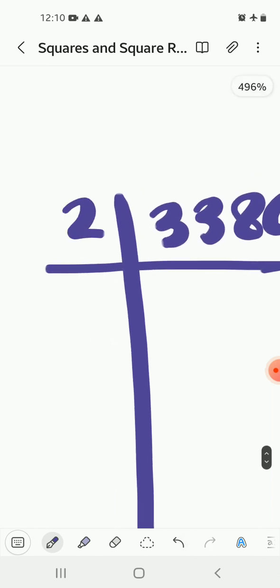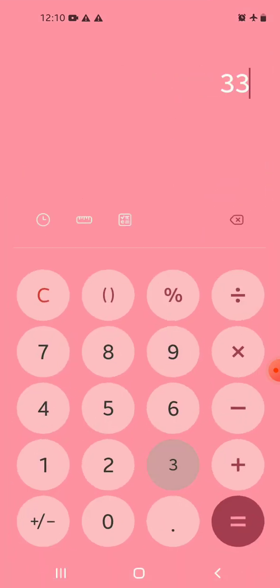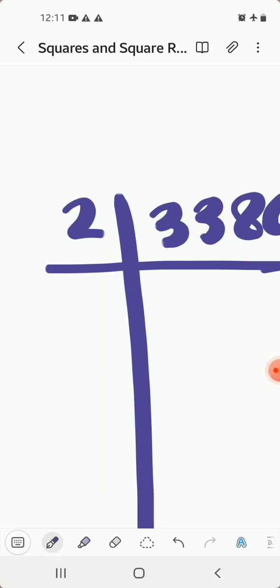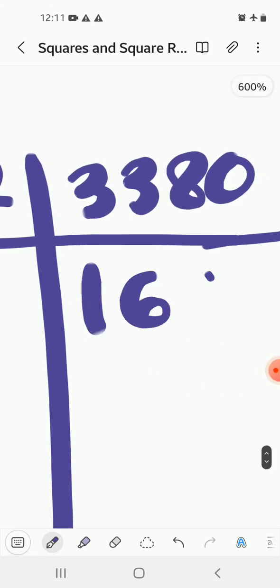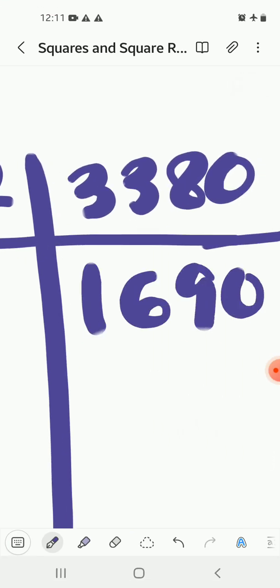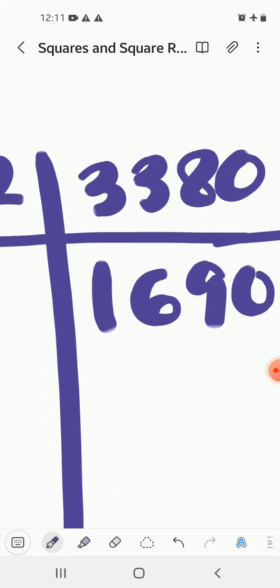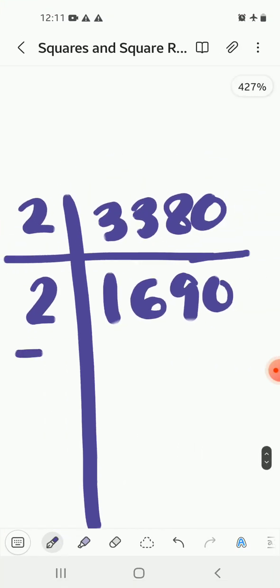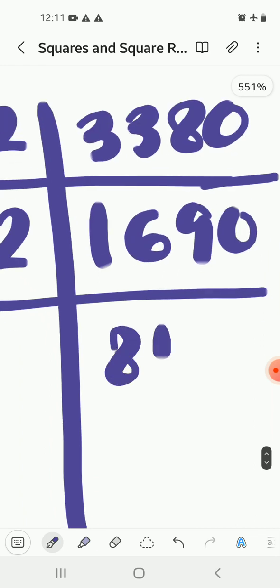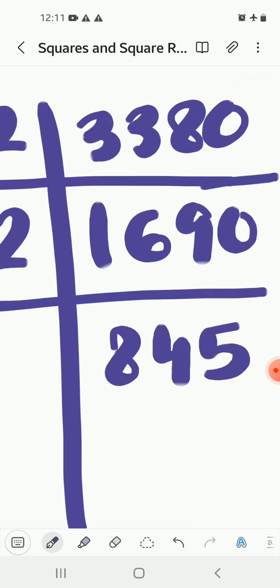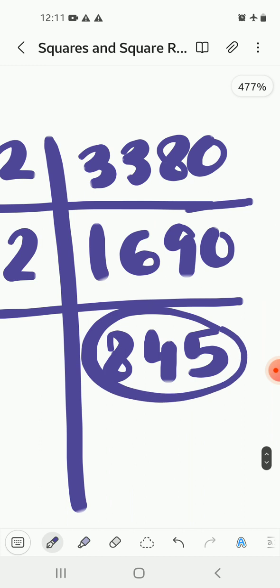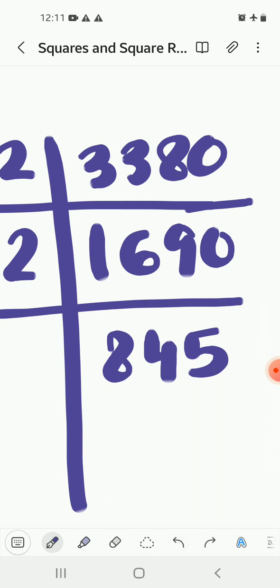So divided by 2. So we get 3380 divided by 2, that is 1690. So write down 1690. Again it is an even number, so it can be divisible by 2. We get 845. Now 845, it is not an even number, so we'll move to the other number, that is 3.